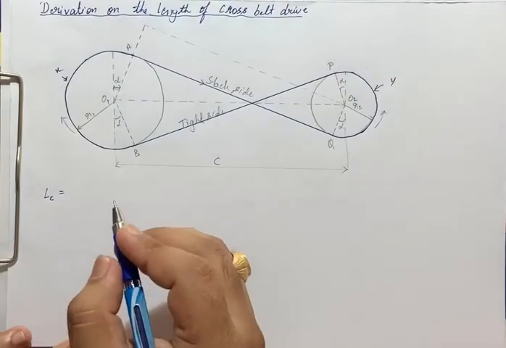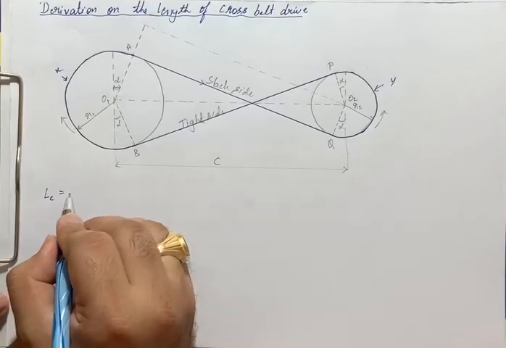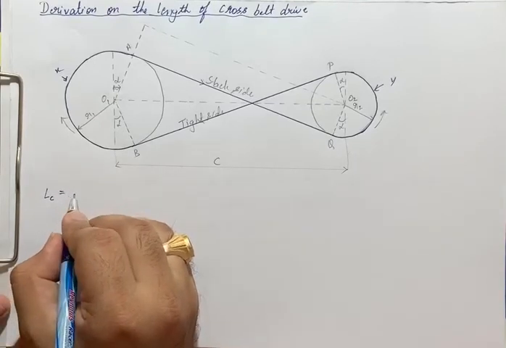Now we are supposed to write the length of a cross belt drive.